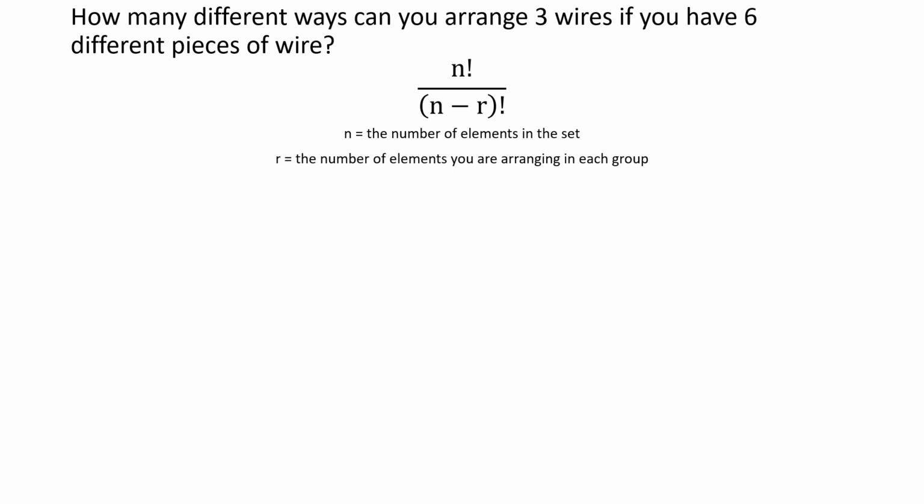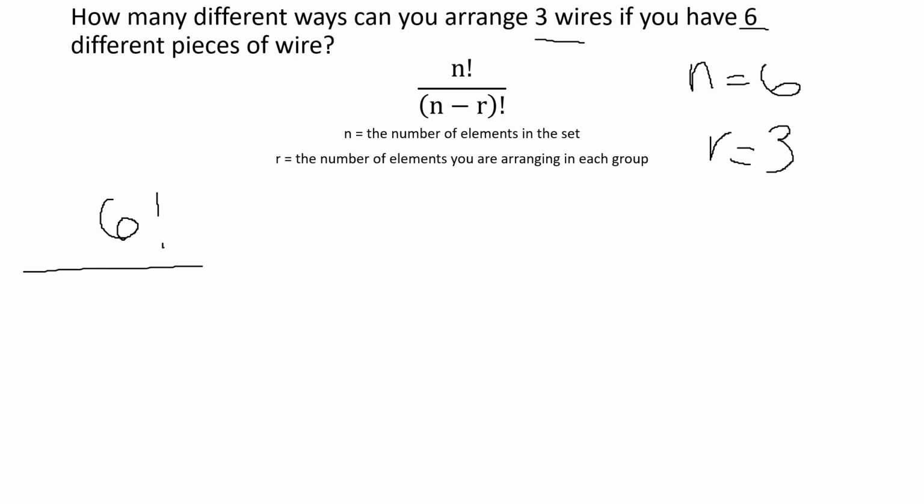R is the number of elements that you are working with. I have a total of 6 wires, so n equals 6. I'm only working with 3 wires, so r is 3.